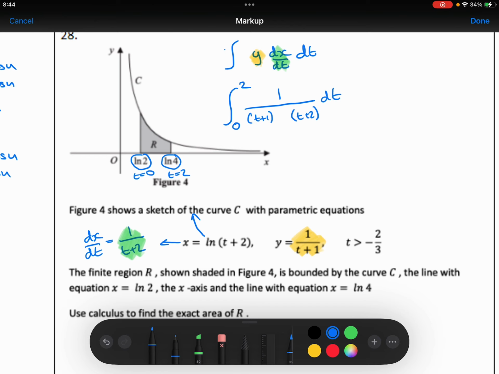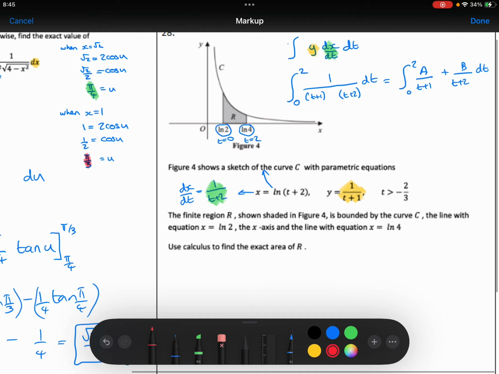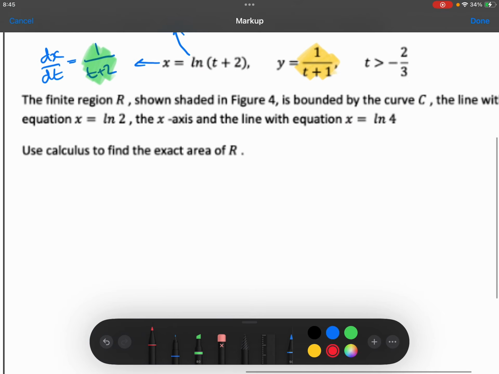I'd like to split that up into its partial fractions. So I want to split this up to be the integral of something over t plus 1 plus something over t plus 2. Right, let's do some partial fractions work down here at the bottom.